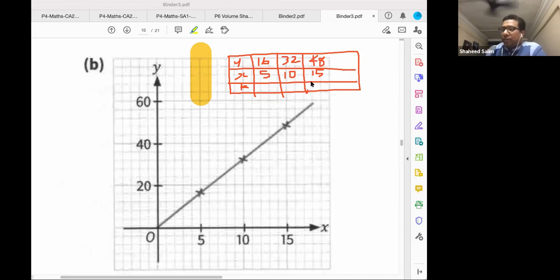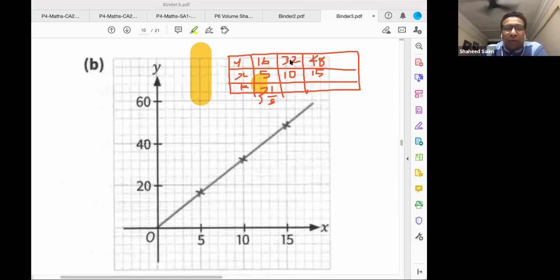Come on. Akila, are you there? So 16 divided by 5, you get what? 3 and 1/5. Yes. Sorry, 32 divided by 10.